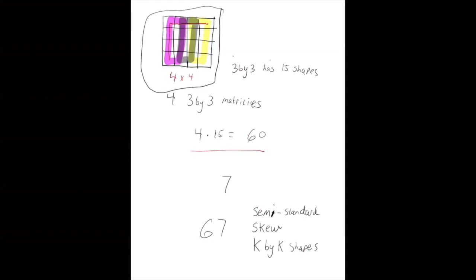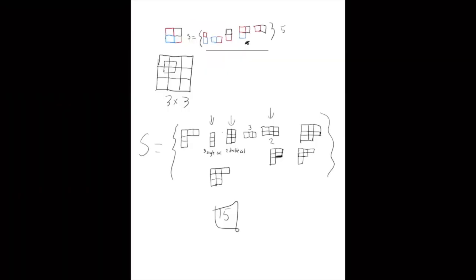In our counts, you can see here that there are no k by k shapes. And down here, if you look up here at our 2x2 counts, there are no k by k shapes.